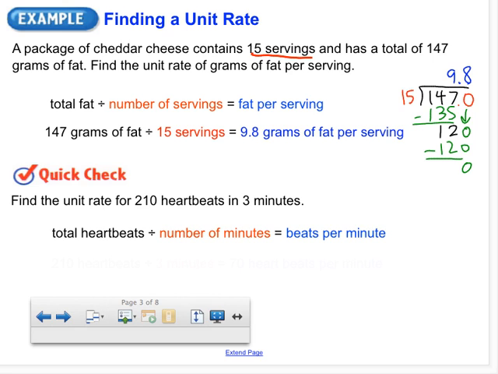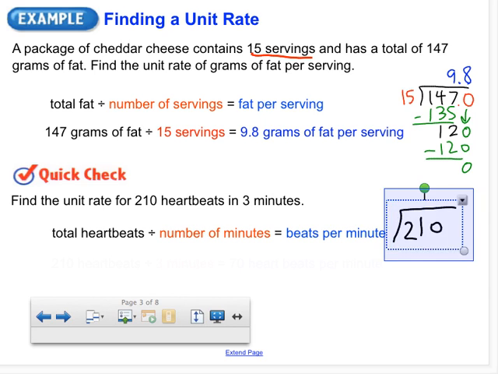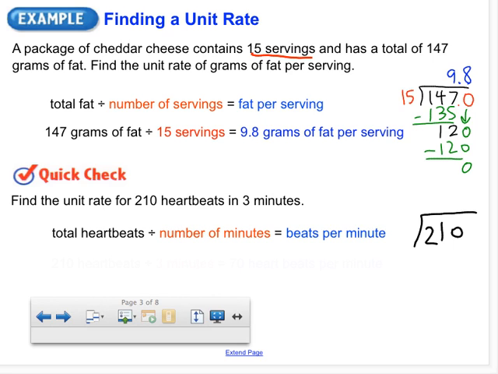Total number of heartbeats, and then number of beats, number of minutes. We're going to divide that out. 3 goes into 2, it doesn't. 3 goes into 21 7 times. 7 times 3 is 21. Subtract, I got a 0.